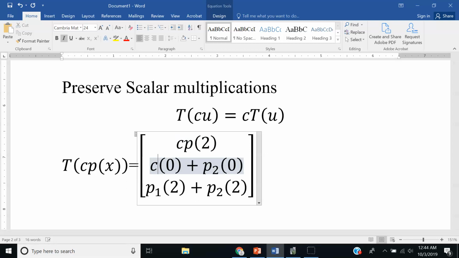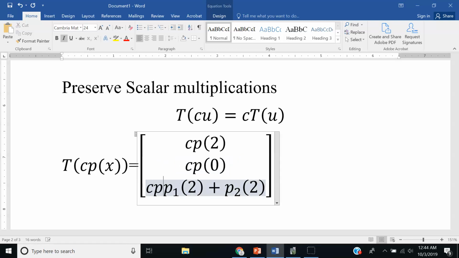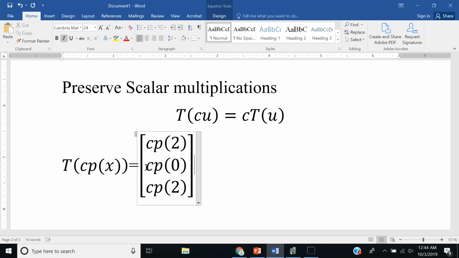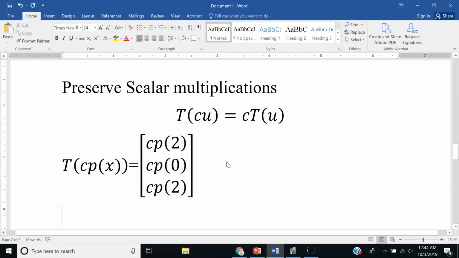Well, it's just scalar times plugging in 0. What's the result in the last entry? It's going to be a scalar times plugging in 2 again. So there we go. That's the result of taking the transformation after we've multiplied by a constant.